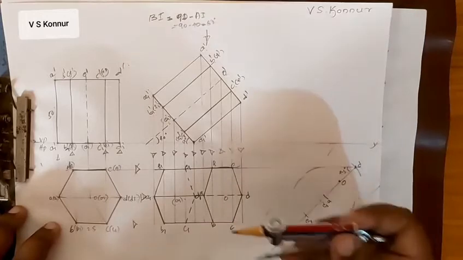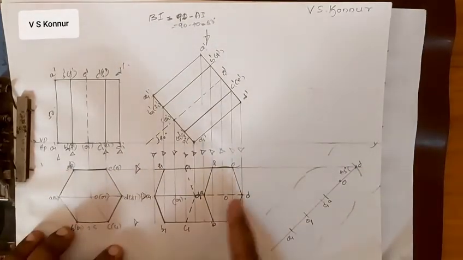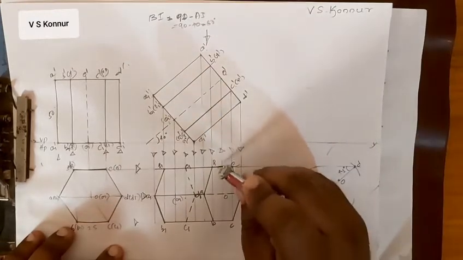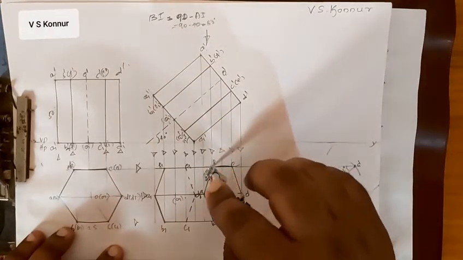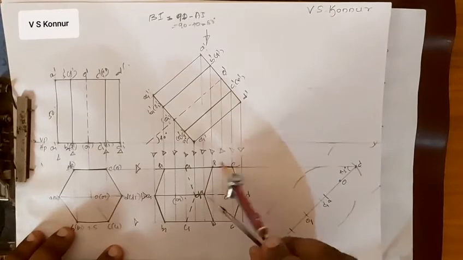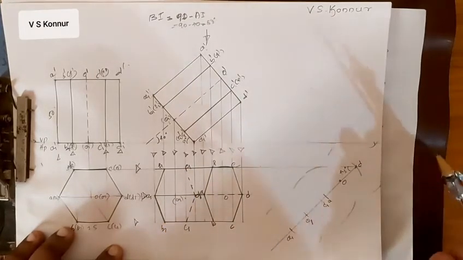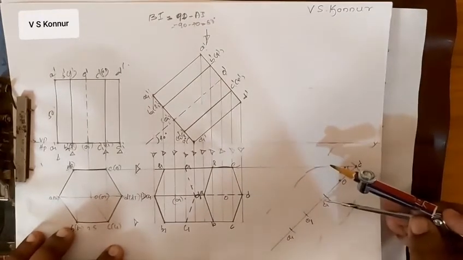Now from all these points I have taken this point and exactly away from the DF point, or you can take AE point, or you can take B1, D1 point. So all the points are the same.